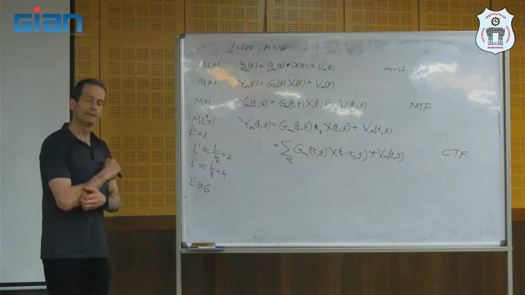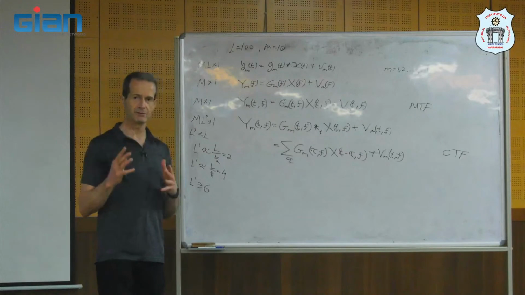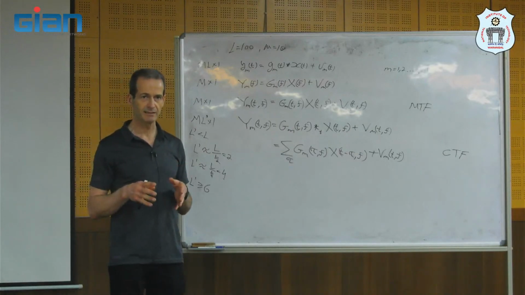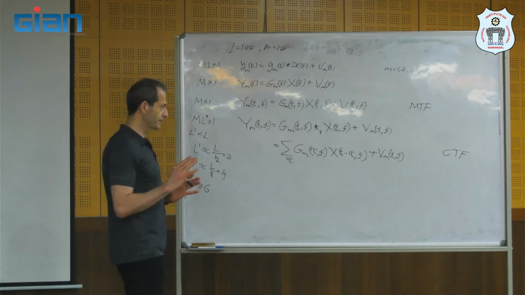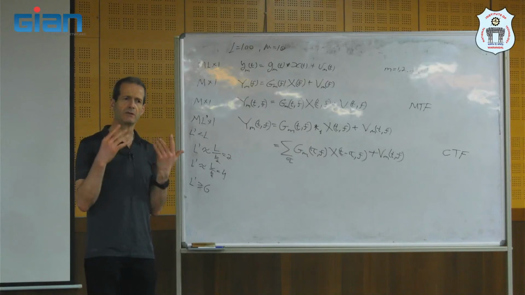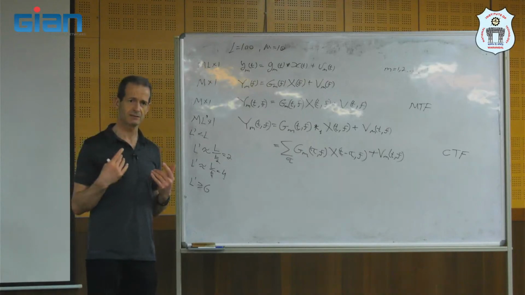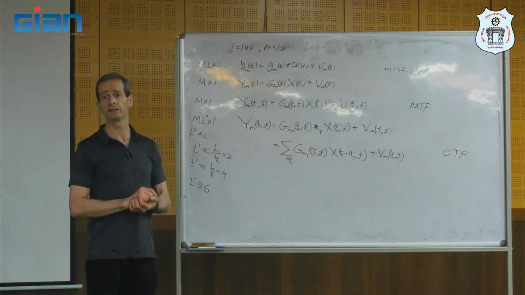Okay. Now, we talked about the differences between signal enhancement and beamforming. So what does it mean? I talk about the main difference when you try to do signal enhancement compared to beamforming.